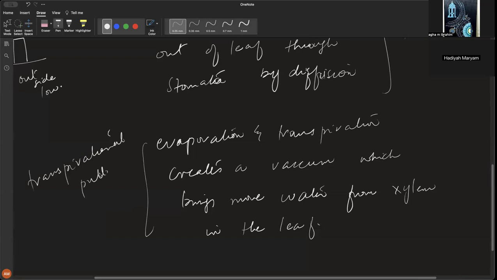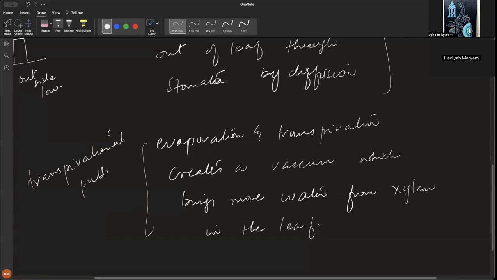So basically, once the transpiration is taking place, the water is leaving the leaf. It creates a space for more water to move in, right? It creates a vacuum from which more water can move in.